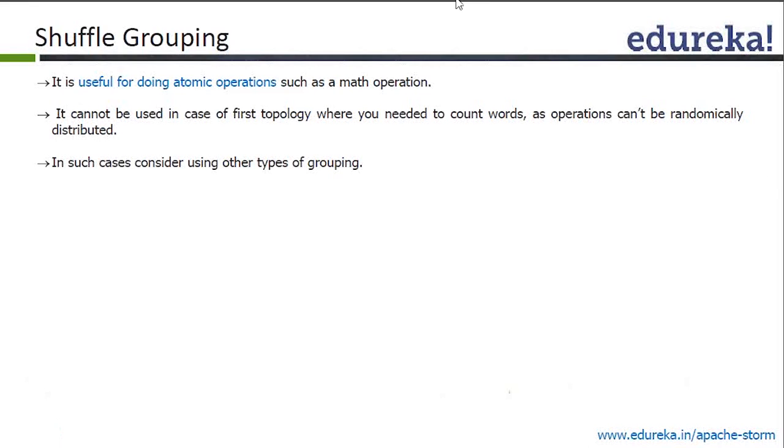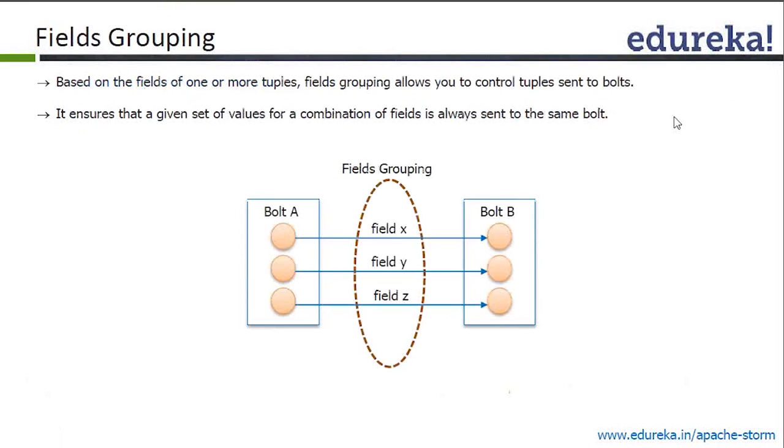So in order to cater for this requirement, Storm provides another grouping that is called fields grouping. Is that clear? Fields grouping.